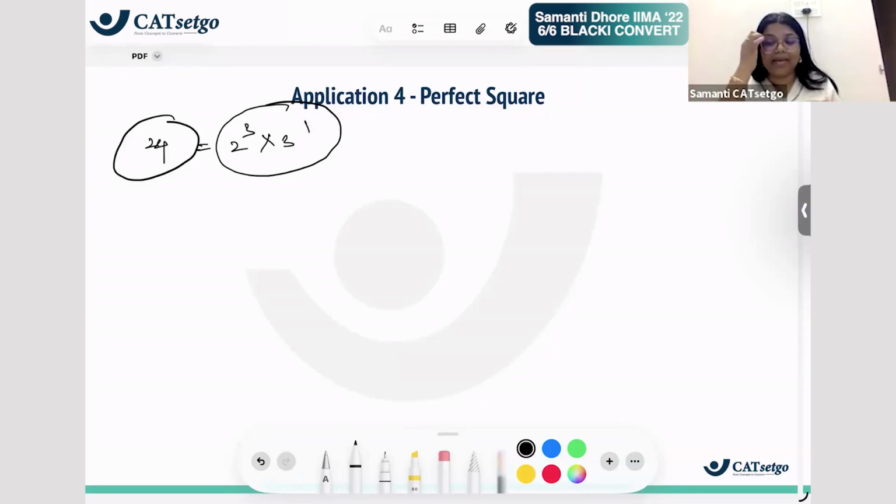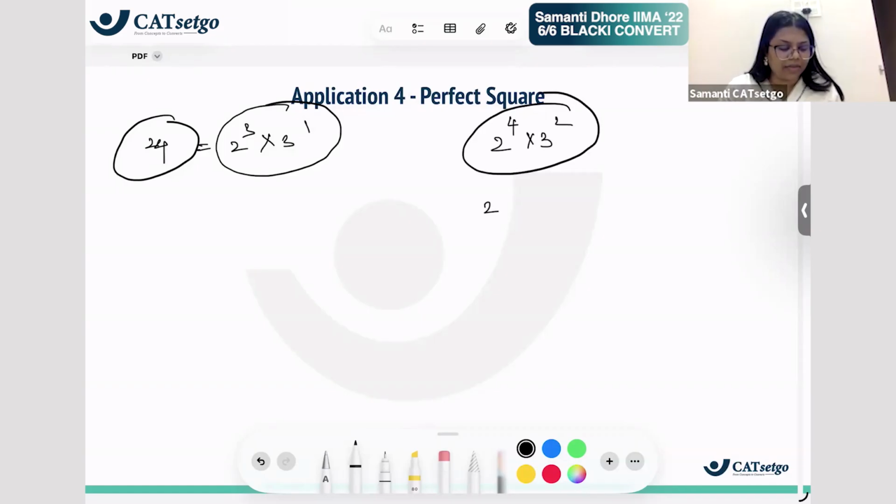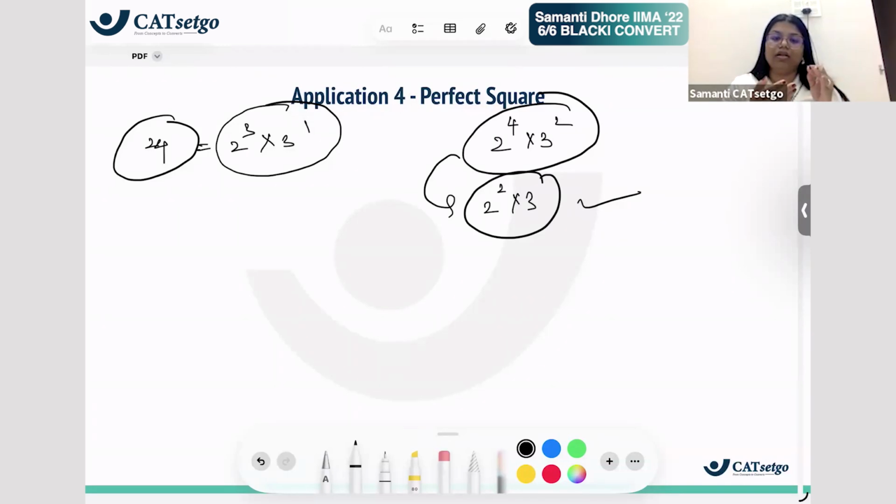Because 2 will combine and form, है ना? मतलब जैसे अगर यहाँ पे 2 raised to 4 है और 3 raised to 2 है, then this becomes a perfect square and then इसका square root हो जाएगा 2 square into 3, right? So basically we're trying to say that if we want to make a number a perfect square, we will need every prime number's exponent to be even. Only then it can become a perfect square.